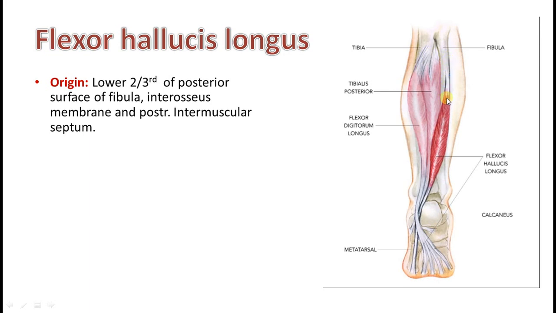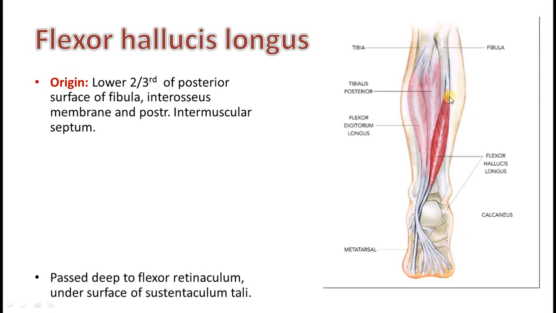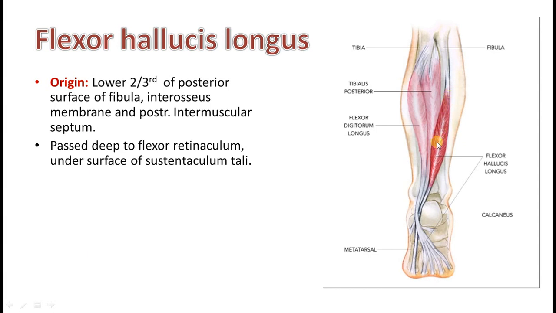It also takes origin from the intermuscular septum and interosseous membrane. Then it passes deep to the flexor retinaculum on the under surface of the sustentaculum tali. Below the talus you have the sustentaculum tali.